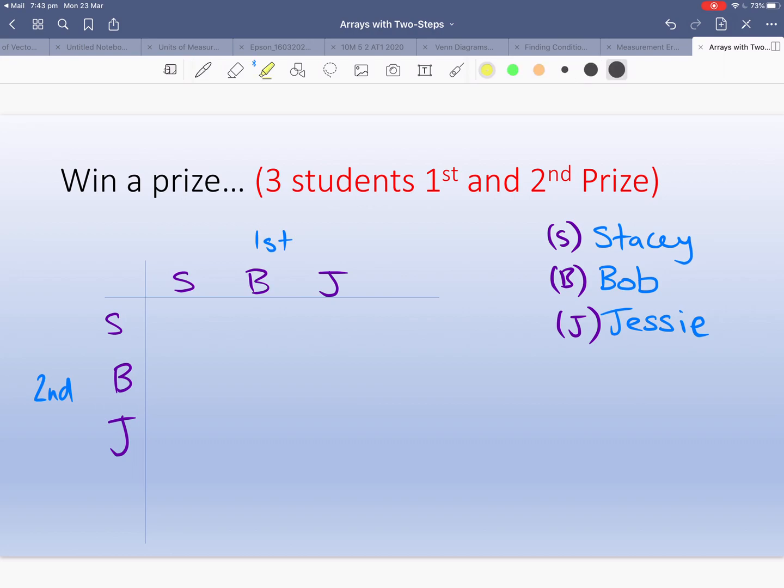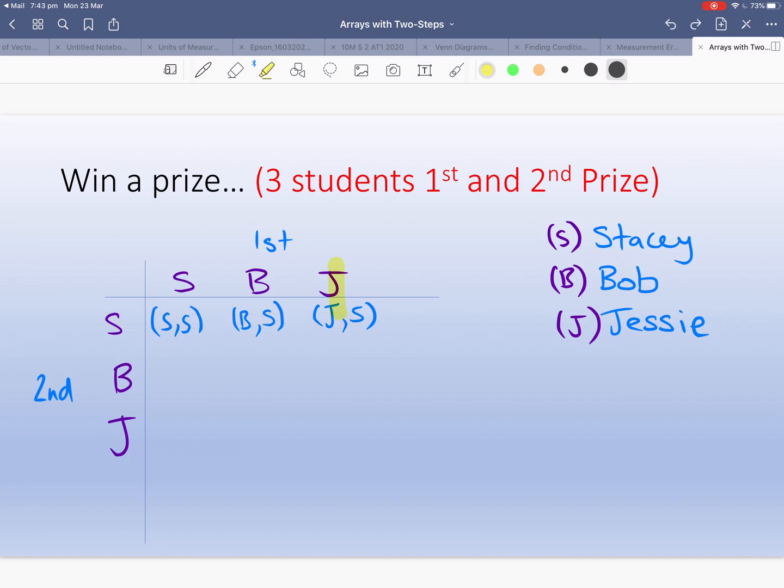If I just follow this down here, I can get 2 Stacys, so she could win first and second prize. Or I could go here, Bob and Stacy, following the same sort of thing. And the last one would be Jesse and Stacy. So once again, we're following from J to S.